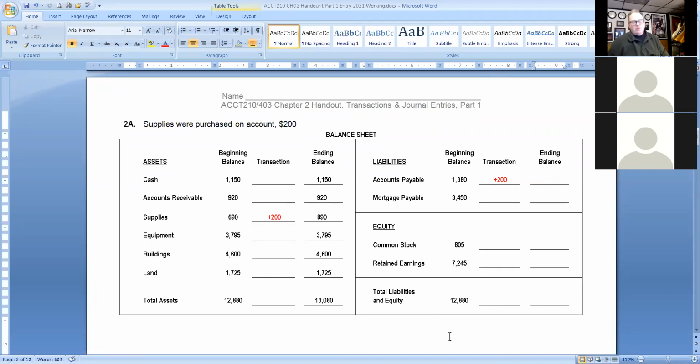Over here, our accounts payable was at 1380. It's going to go up by 200. So it's going to be 1580. So notice we owe more now. And this is one of the things that people a lot of times have trouble with, is that when you borrow more money, your accounts payable, your liabilities go up. Yeah, you owe more money now.